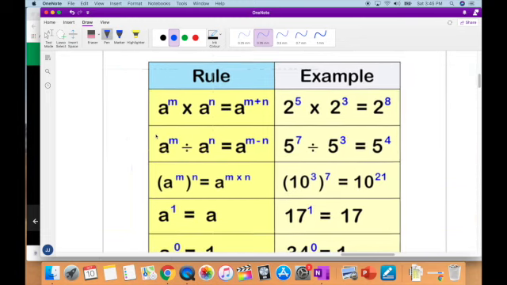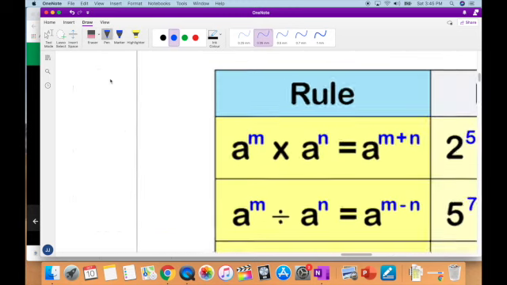So what we're going to be doing now is just reviewing the laws of indices. And you can see here that this law is given in an algebraic form. Algebraic means that instead of using actual numbers, I will just use symbols because these symbols can represent any number. So it's a generalization, right?